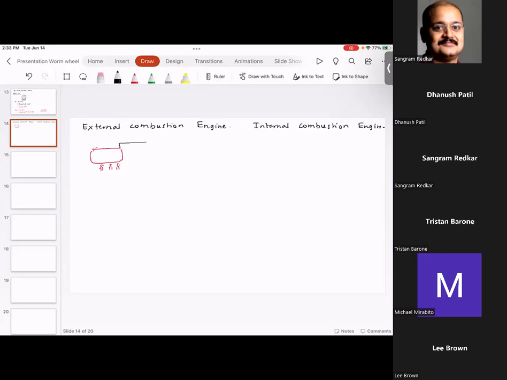You heat the water, that gets converted to steam, and this high pressure, high temperature steam goes to a steam engine. In the steam engine there will be a crosshead, and then you have the exhaust, and then some sort of water reservoir.